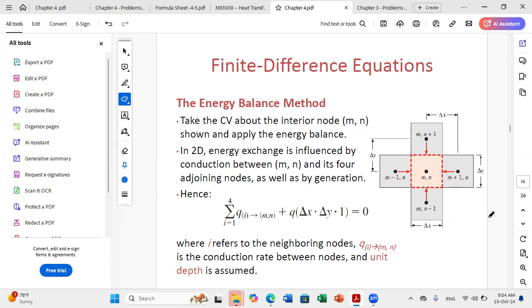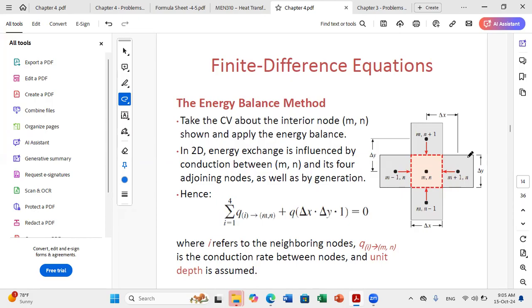So now consider that you have a central cell surrounded by 4 cells, and you want to write the energy balance for this cell. We said that we'll consider the possibility of generation and conduction. Here it's a solid. Heat can be transferred only through the solid by conduction, and we have a steady state case with possible generation.